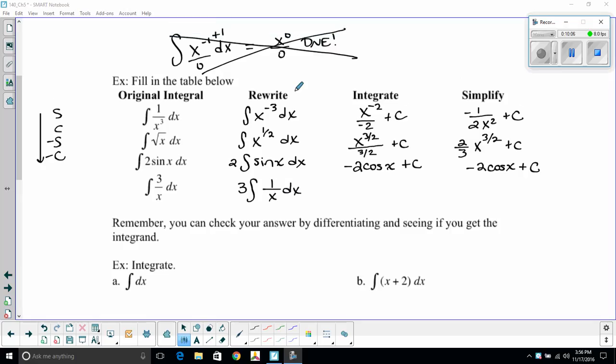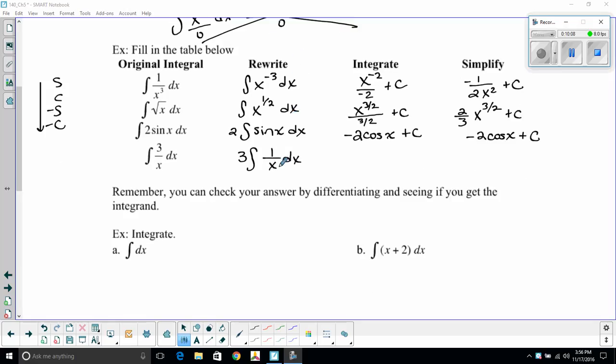All right, so if you can't do that, then this must be the derivative of something else. Think about it, and you realize that this is the derivative of the natural log, right? The natural log of x is 1 over x for the derivative, so this would be 3 natural log of x plus c.